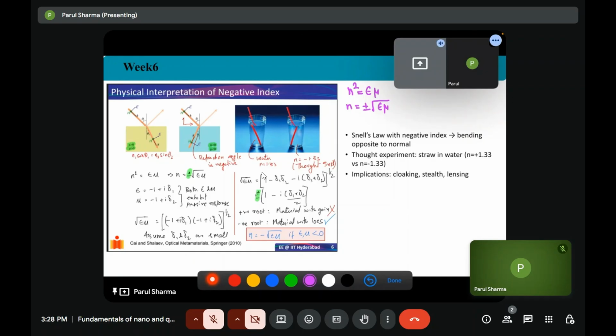So if epsilon and mu are positive, then we consider only the positive value.